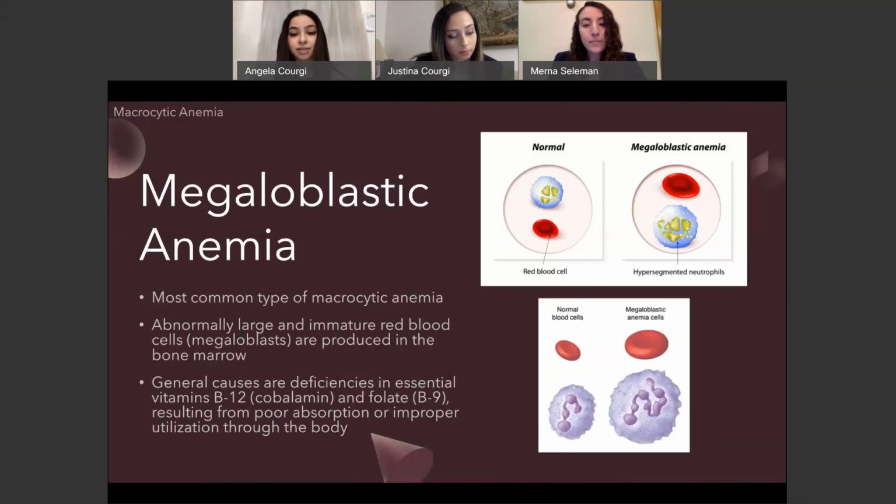Poor dietary intake of these vitamins is also a contributing factor, though it is not as strongly related to this condition. The characteristics found specifically in anemia caused by vitamin B12 and folate deficiency are an MCV greater than 100 micrometers cubed, as well as hypersegmented neutrophils and megaloblastic changes in the rapidly dividing cells.